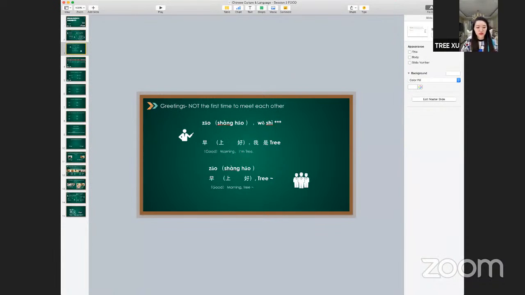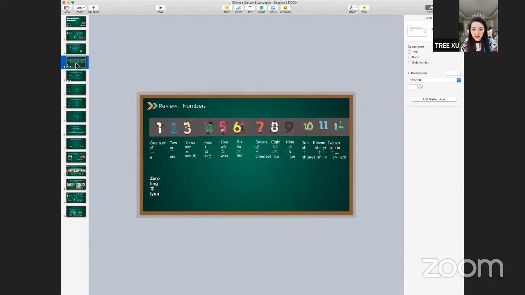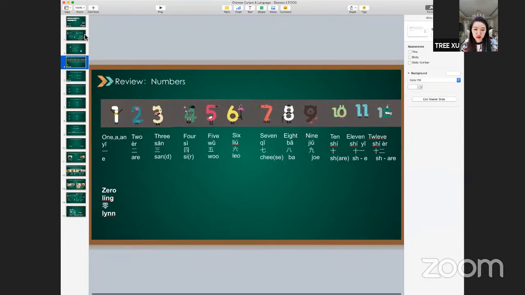Next one. We've learned numbers last time. Can you count from 0 to 12? 0到12. Anyone volunteer?